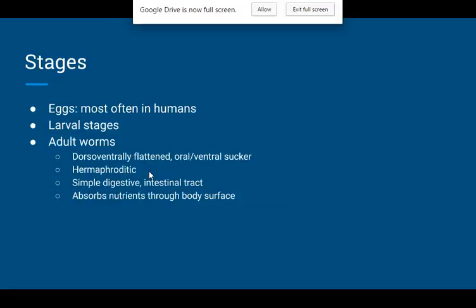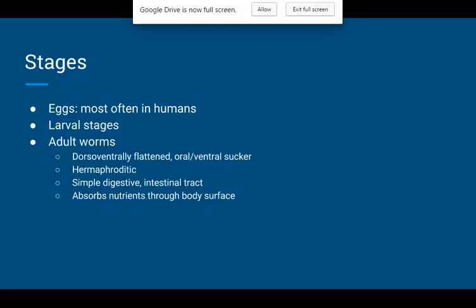Okay, the stages, there's three main stages. The eggs, just like what we've talked about in Unit 1, these are the ones that are most often seen in humans. And then there's the larval stage. These look like really small worms, and it's like the kid. It goes from eggs to a little child and then the adult. So the larval stage is in between the eggs and the worms. So the adult worms are dorso-ventrally flattened.